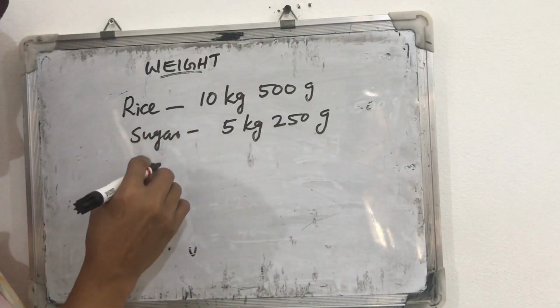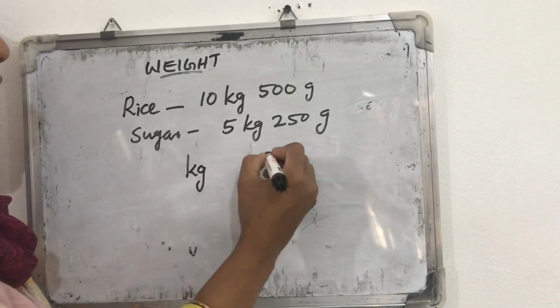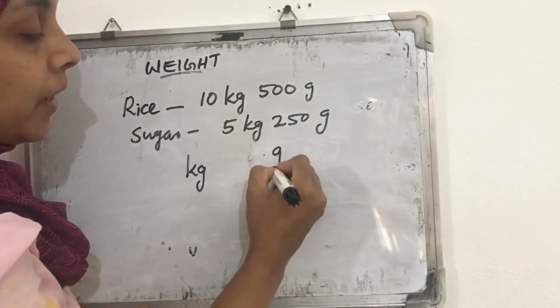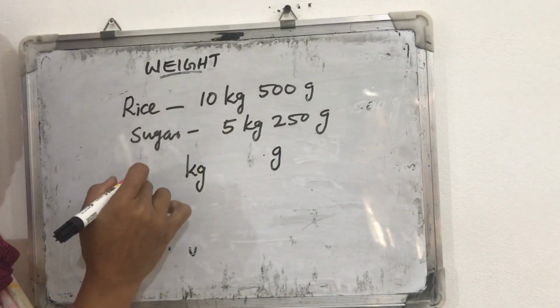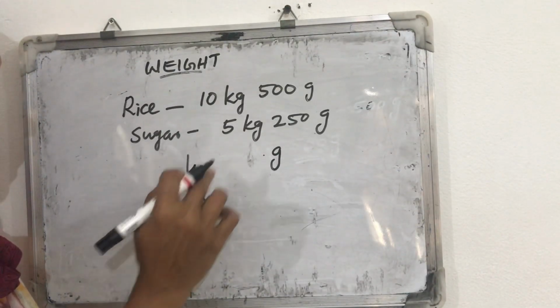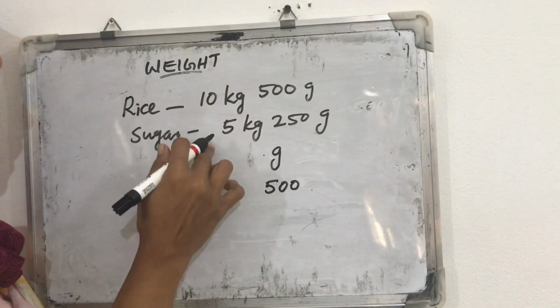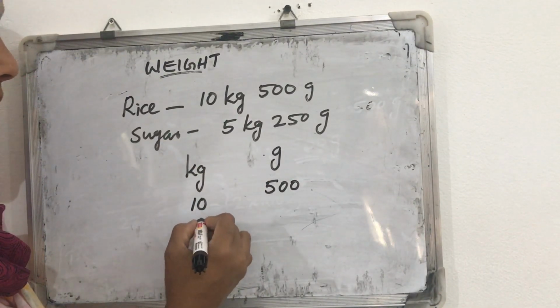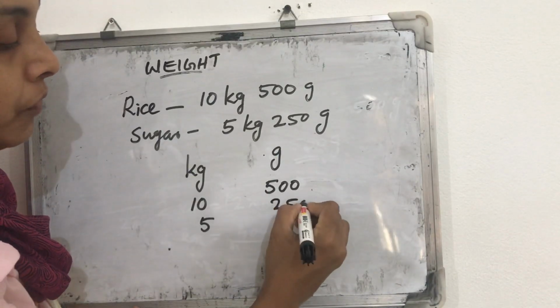In the case of meter and centimeter, what did we do? We make two columns, first for kilogram and another for gram. In the first case, rice, how many kilograms are there? 10 kilogram, so we write 10 in the column of kilogram, and 500 gram. In the second case, sugar has 5 kilogram and 250 gram.